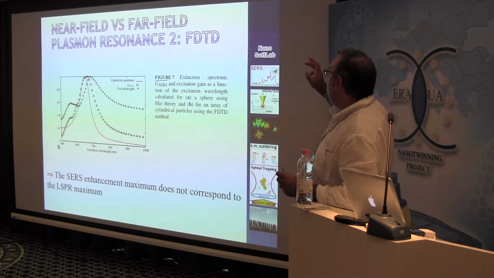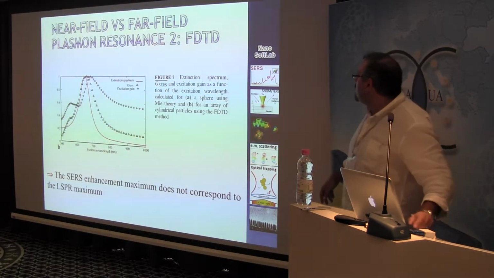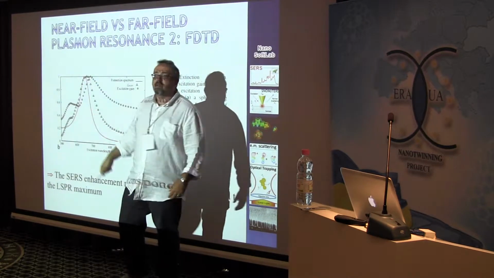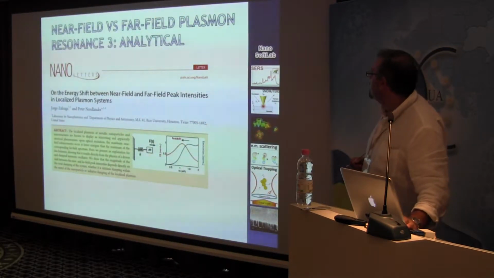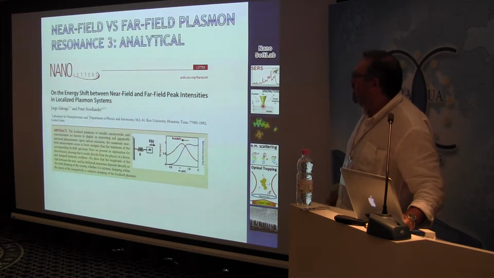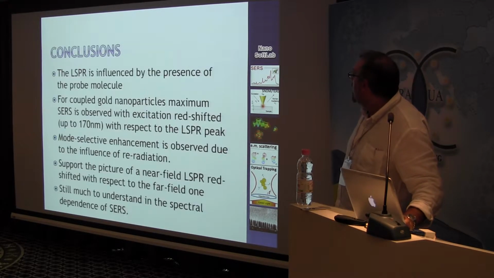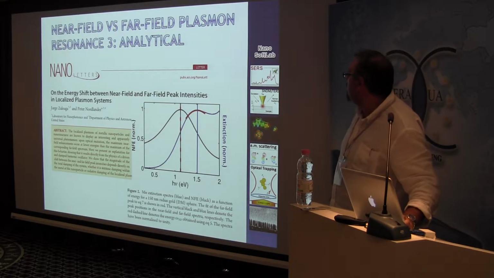There are calculations, done by FDTD, that show that the near field resonance is redshifted with respect to the far field resonance. There is a beautiful, nice model based on the interpretation of the harmonic oscillator that gives this result. And what else? We are also working on this from the experimental point of view.